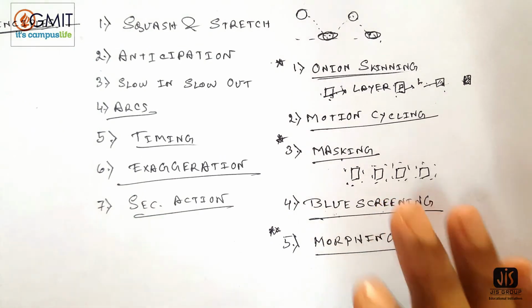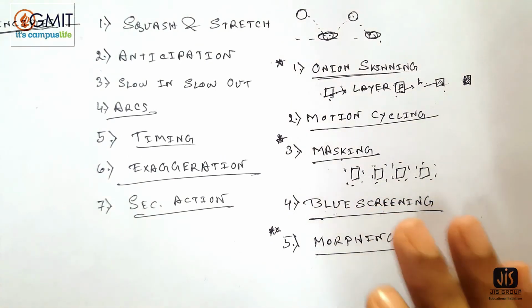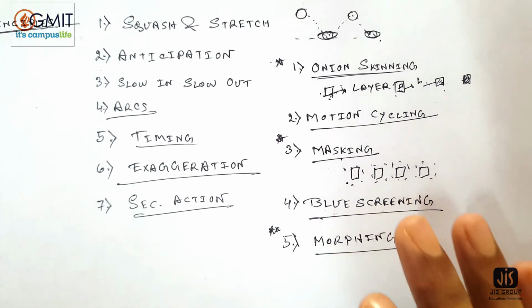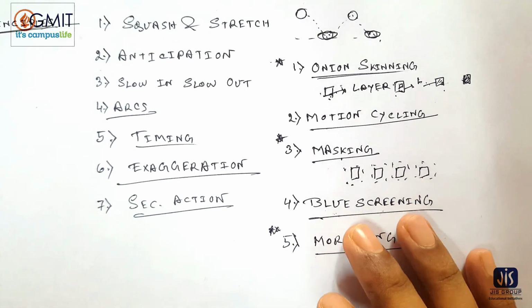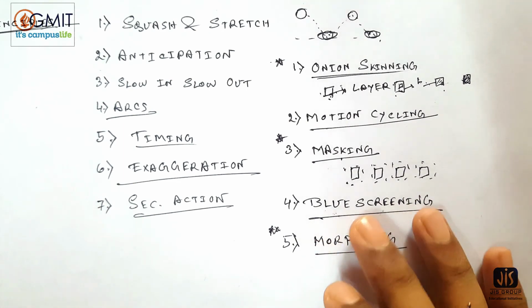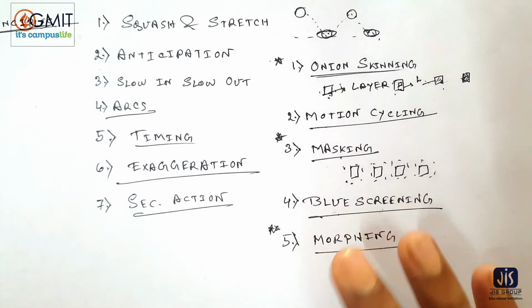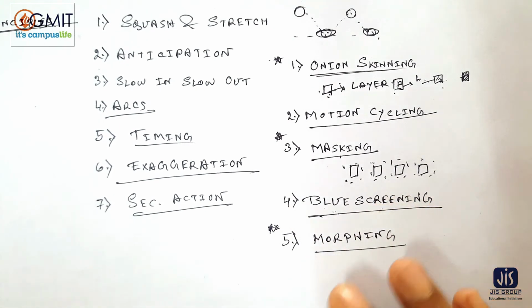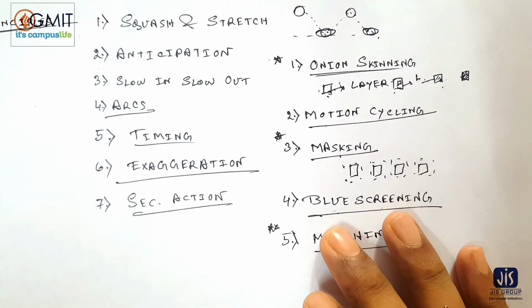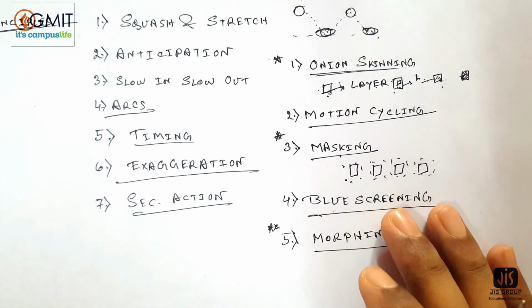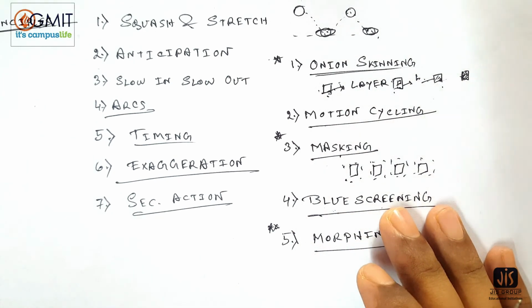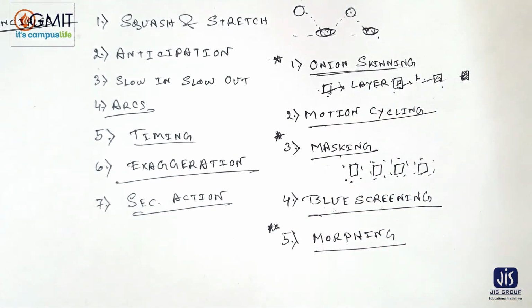Morphing is the process of smoothly interpolating between two different images. When played back, it appears that the first image gradually and seamlessly changes into the second image. Suppose, take an example, a tiger is changing to a bike. You have seen a lot of this type of example.